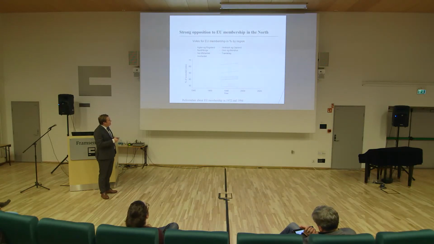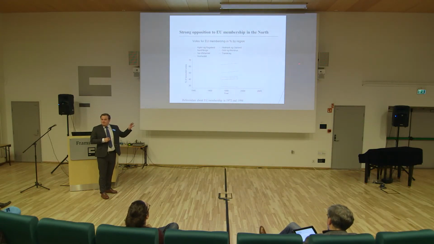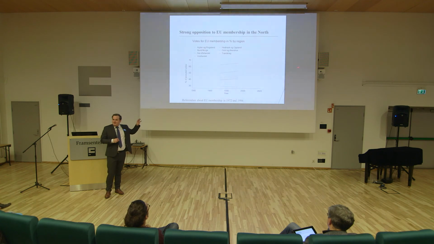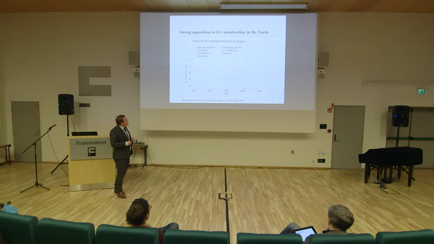The fascinating thing here is the geographical stability. For all the regions, I've divided Norway into 7 regions, and you have approximately the same pattern for these 2 elections. It's 22 years apart, but you see a very, very similar geographical pattern.